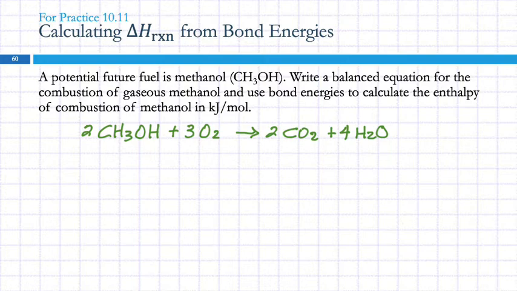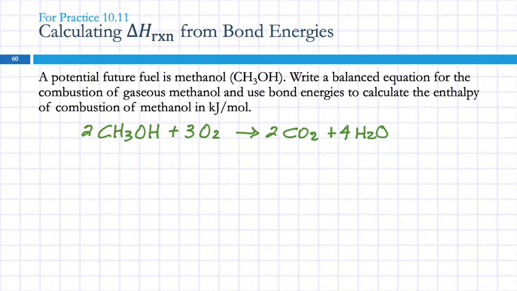So you could calculate this by just looking at which particular bonds need to be broken and which are going to be formed. In my mind, that requires a lot of thinking, and sometimes it's better to just do the long way that's easier. So the long way that's easier is saying, let's break all the bonds and remake all the bonds.